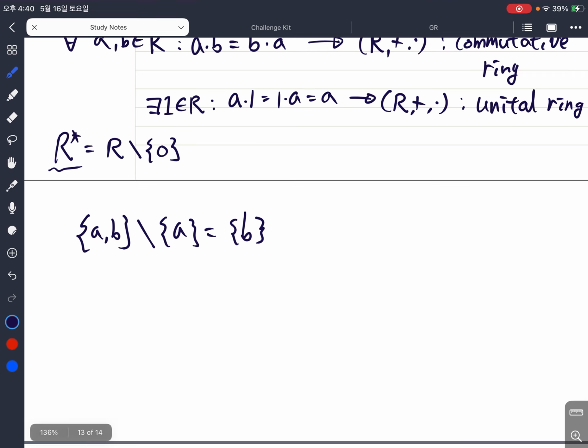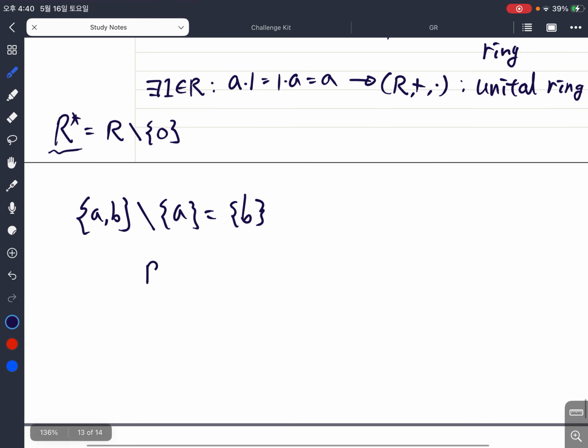And if this R star also has, for all A in R star, because in numbers 0 doesn't have a multiplicative inverse, you don't have a 0 inverse. We want to say only elements except 0.